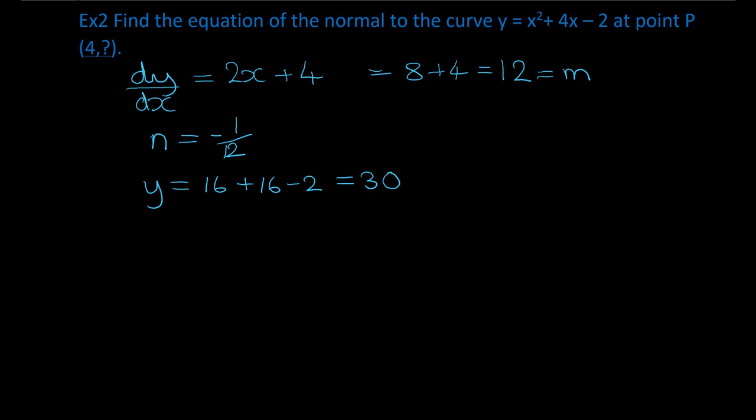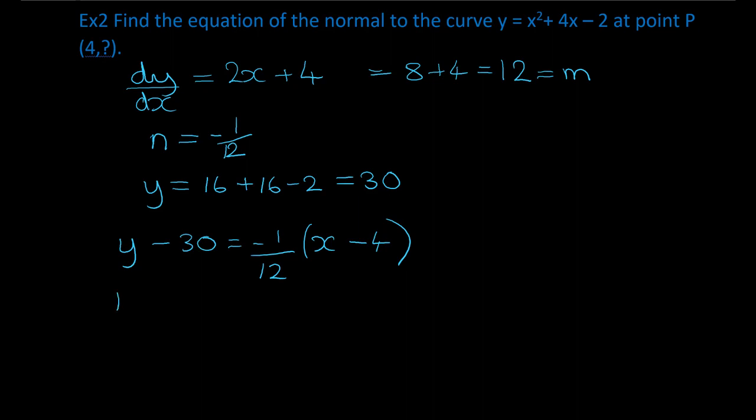So now we just put it all together. So we've got y minus 30 equals minus 1 over 12 (x minus 4). So again, let's tidy that up. So I'm going to multiply everything through by 12.